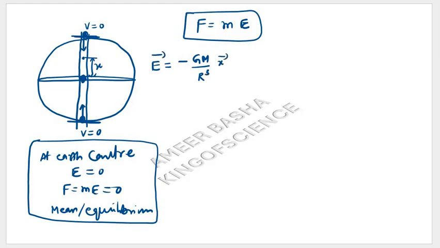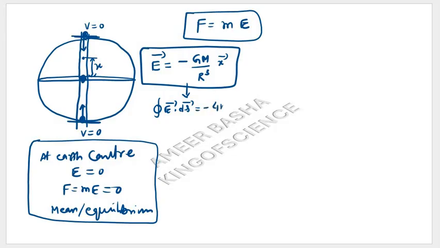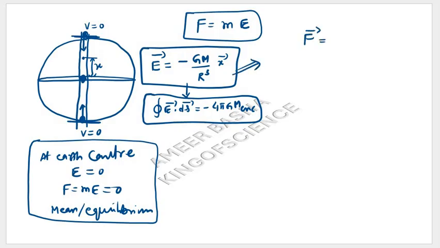You can derive this with the help of Gauss law: the integral of E dot dS is equal to minus 4 pi G times the mass enclosed. Or otherwise you can remember it as a standard formula. So the force is given by minus G capital M small m divided by R cube into x.